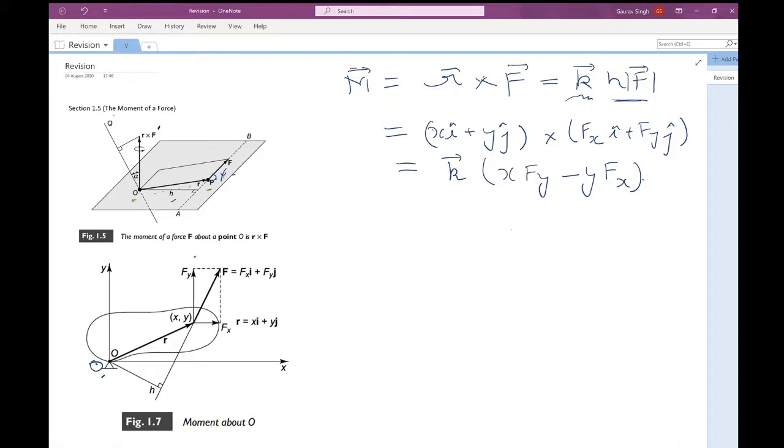You must already be aware of how the ijk's are taken in a cross product. So that gives you this magnitude, the moment of a vector F about a point O, where the force is acting clearly on this particular point.